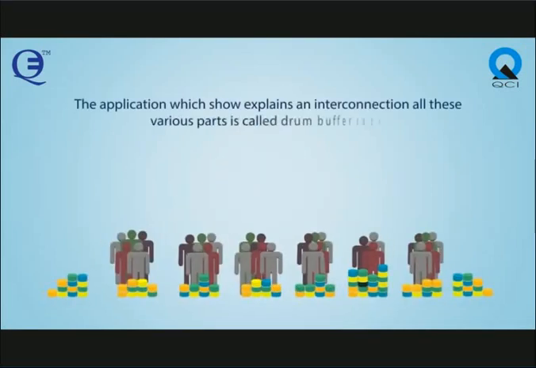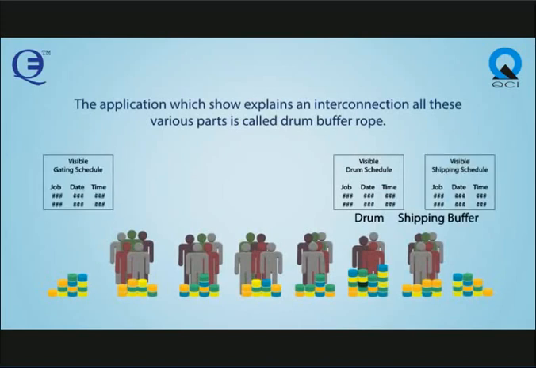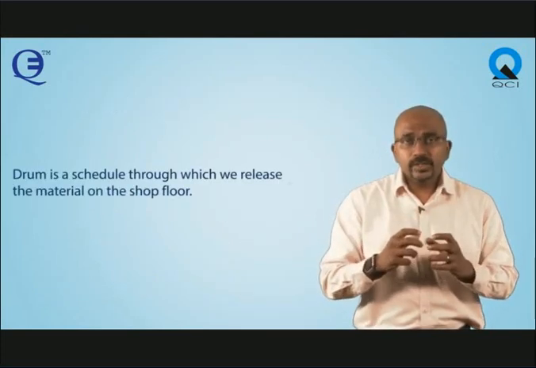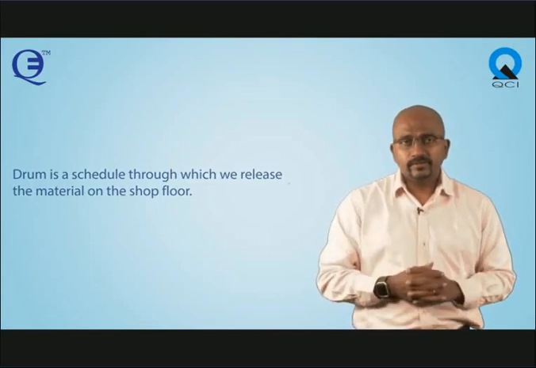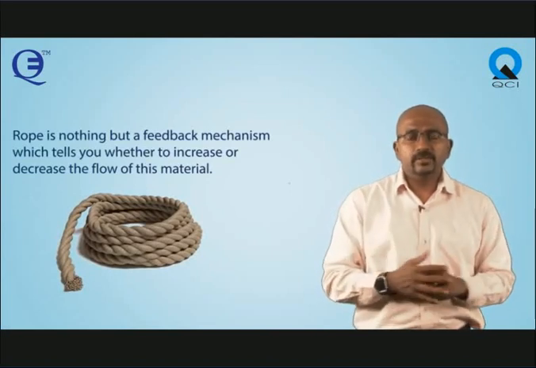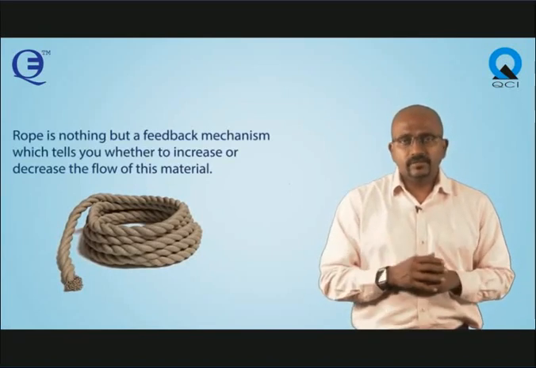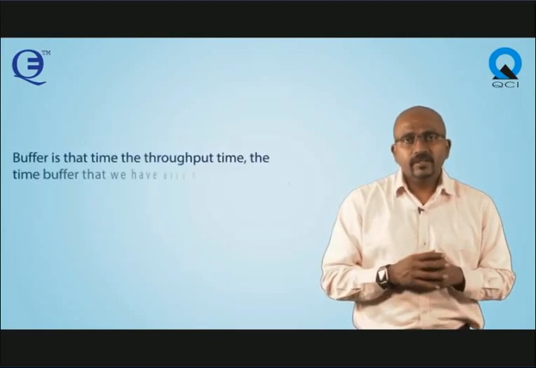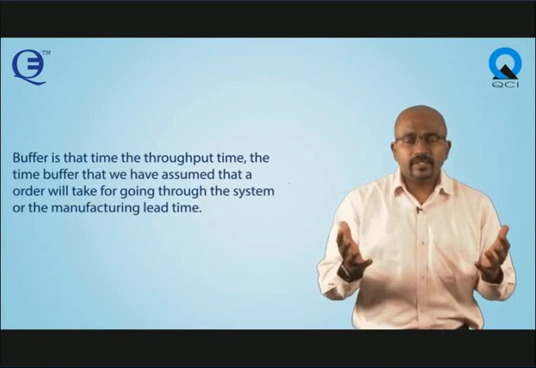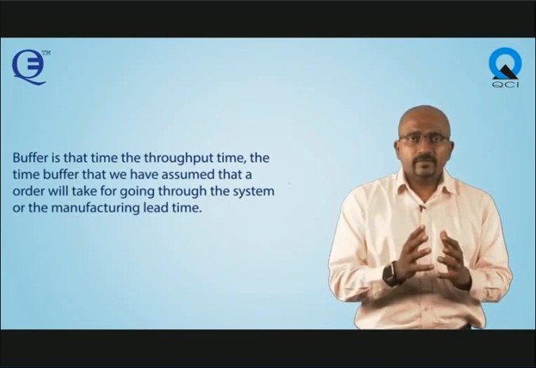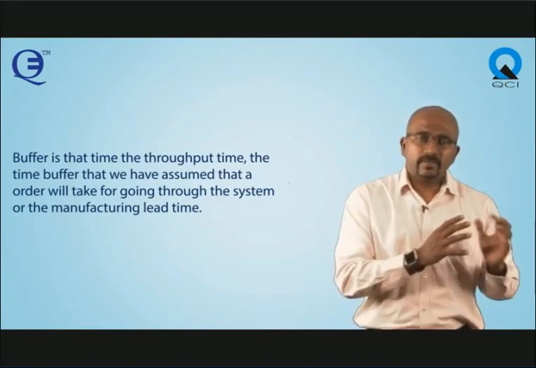The application which explains and interconnects all these various parts is called drum buffer rope. Drum is a schedule through which we release the material on the shop floor. Rope is nothing but a feedback mechanism which tells you whether to increase or decrease the flow of this material. Buffer is the time, the throughput time, the time buffer that we have assumed that an order will take for going through the system, or the manufacturing lead time.